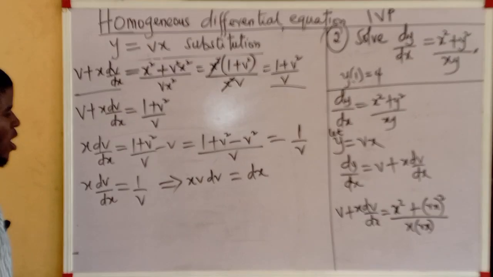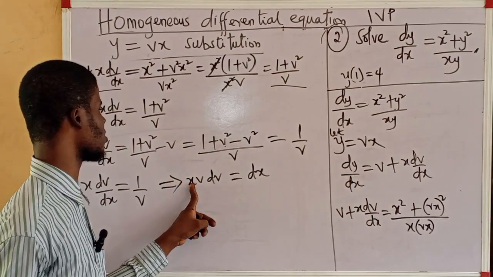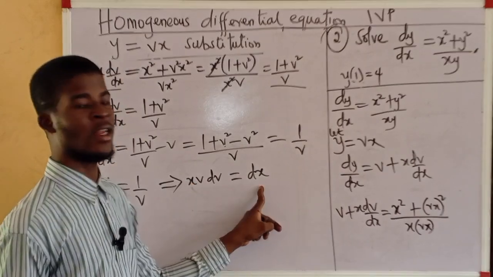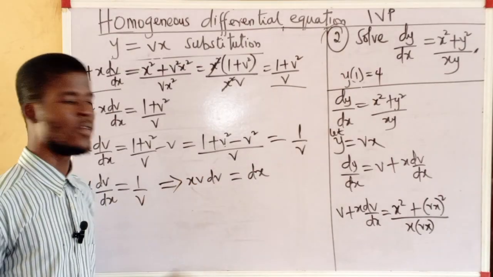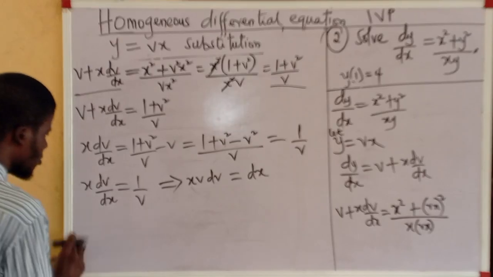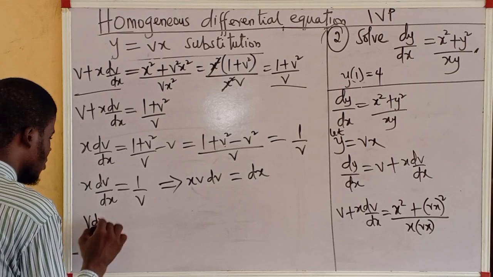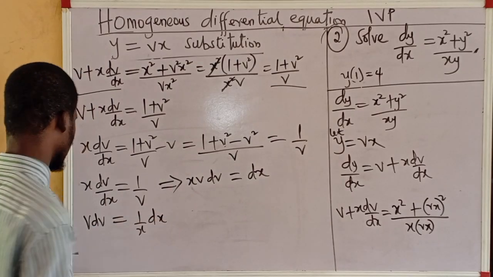Right? And so to separate it now, we have to divide both sides by x, so that x will go to this other side, leaving v and dv alone on the left hand side. So v dv is now equal to 1 over x dx.